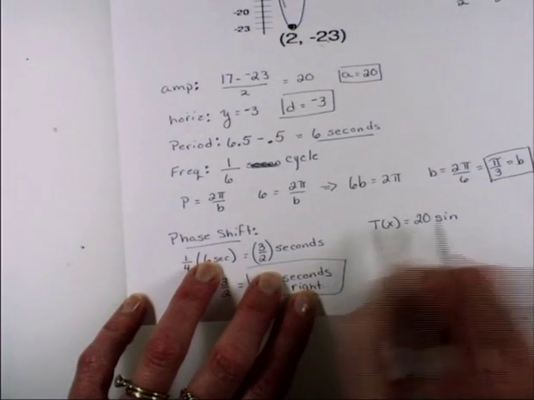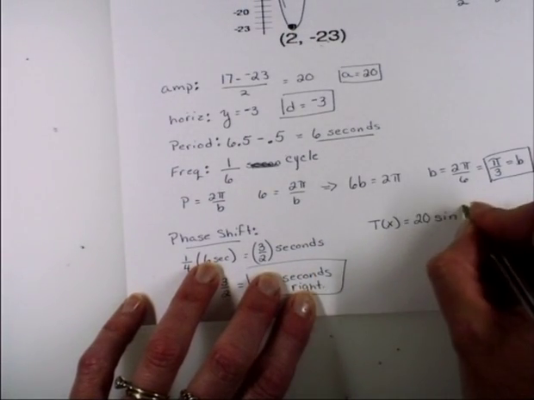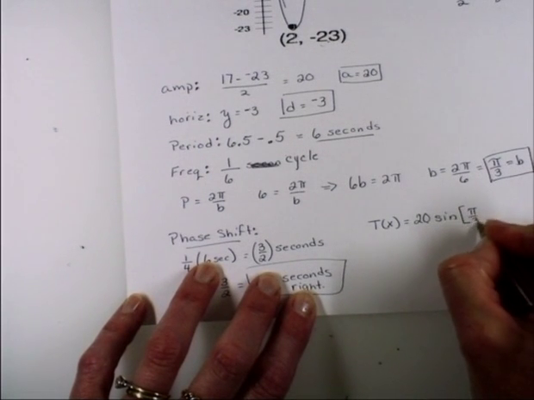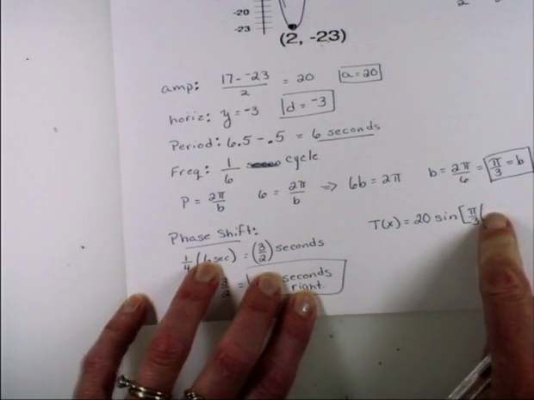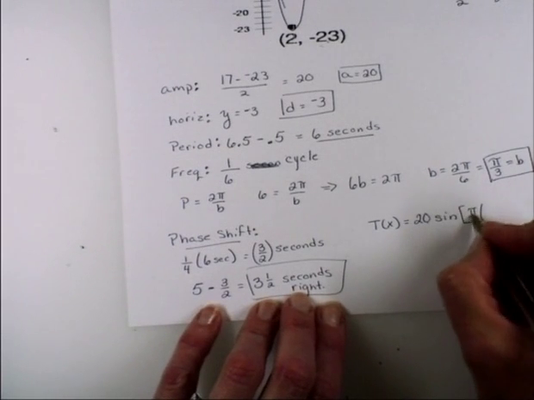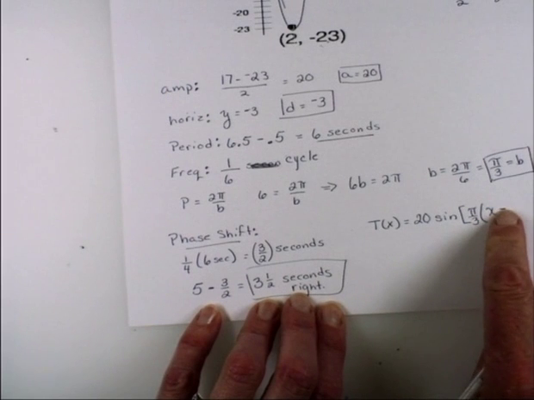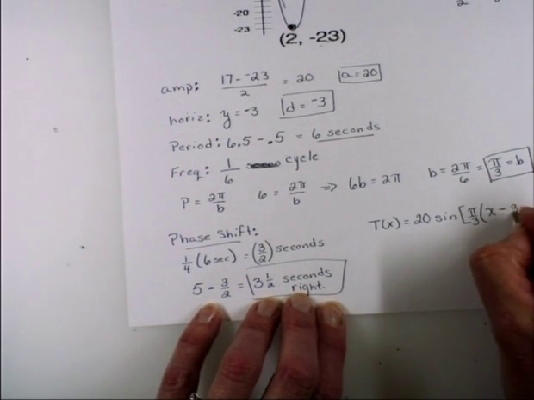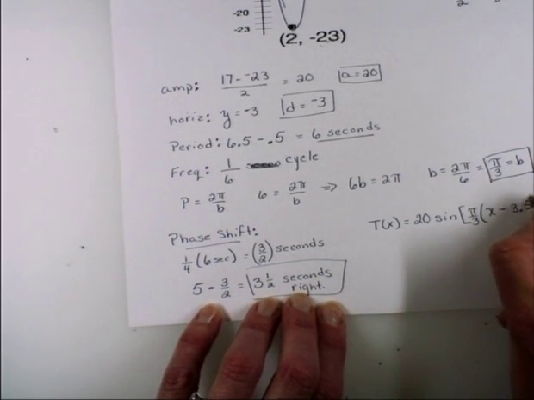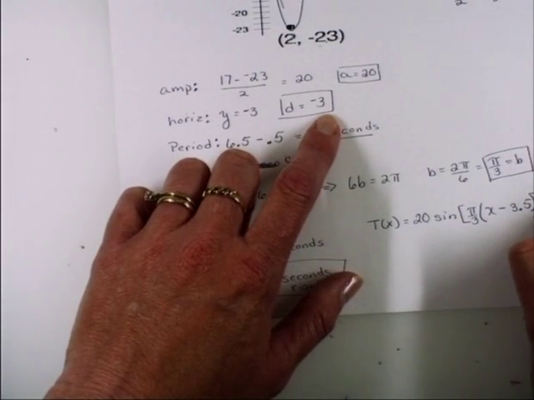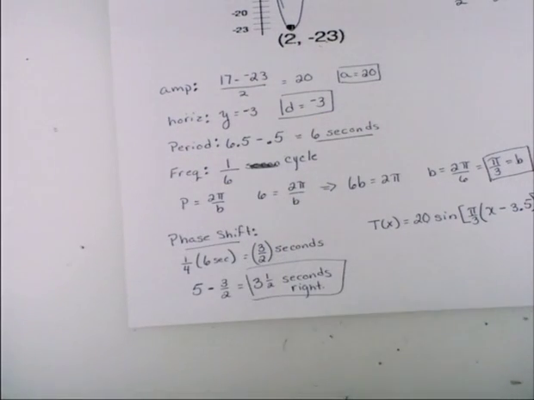Your choice. 20 sine pi over 3, and remember, again, we've got to leave our pi over 3 on the outside to get that phase shift, x minus 3.5, and then minus 3 since we shifted down.